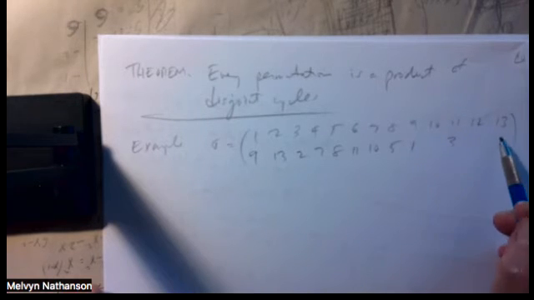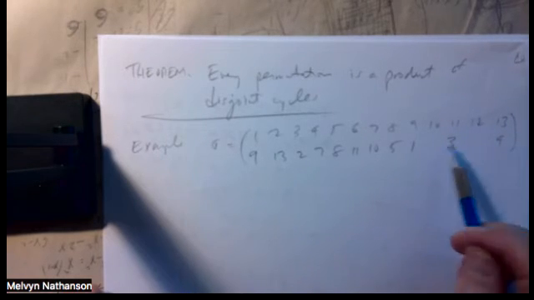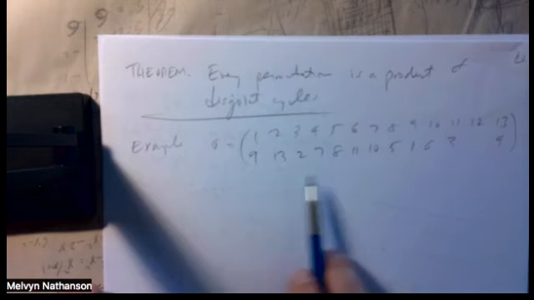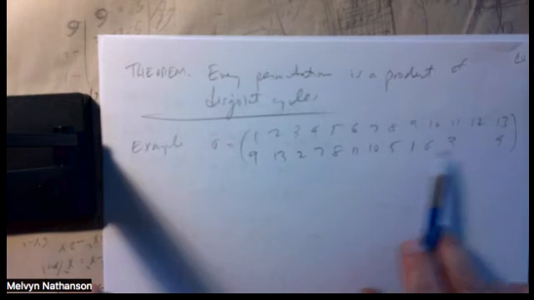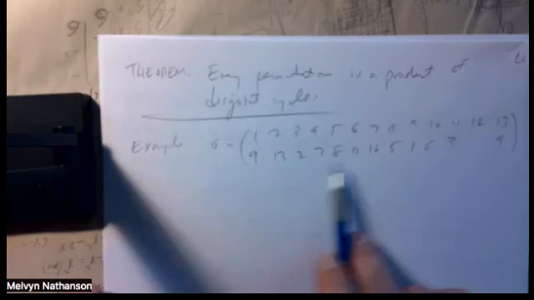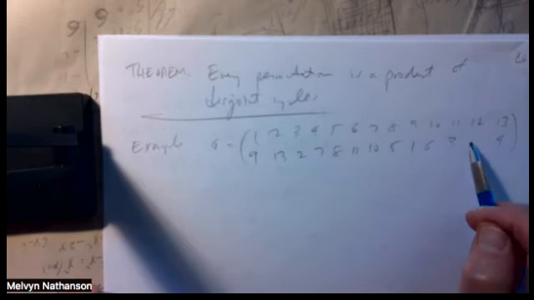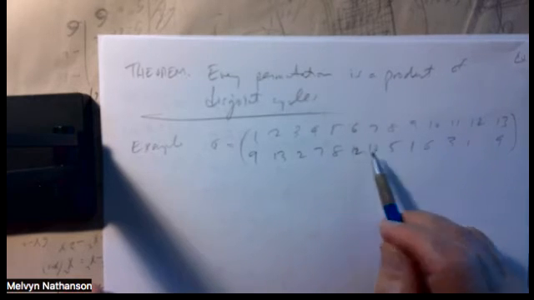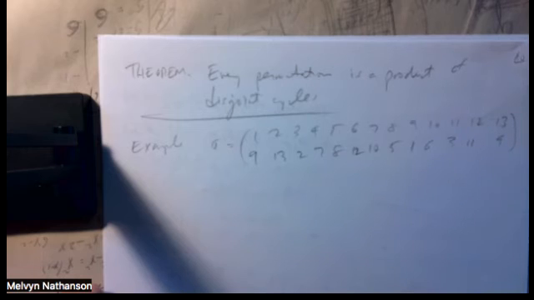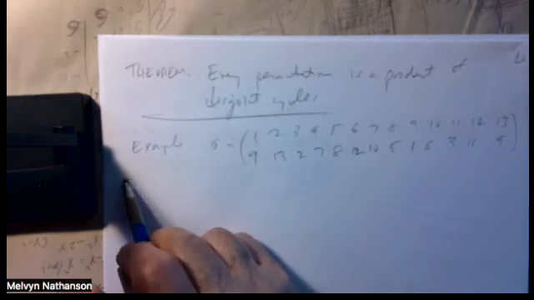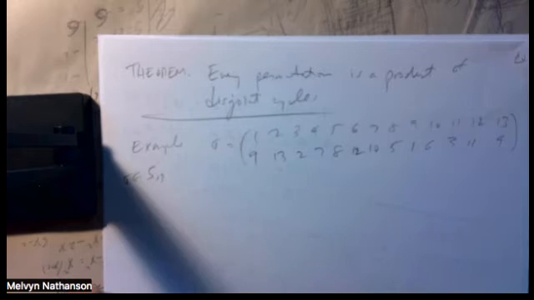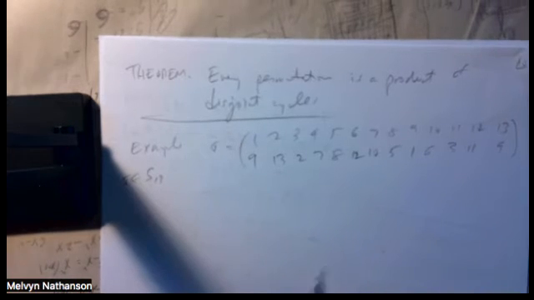I haven't used 4 yet. I haven't used 6 yet. 1, 2, 3, 4, 5, 6, 7, 8, 9, 10, 11, 12. So this is a permutation in S13.